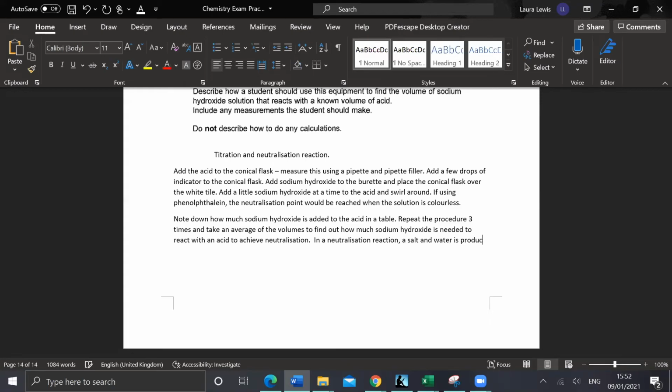Think of salts that you put on chips, but a salt can be a nitrate or a chloride. The salt you put on chips is sodium chloride, but any chloride is a salt. Salt and water is produced, and with evaporation, crystals could be produced. There's a bit of an extra thing here.